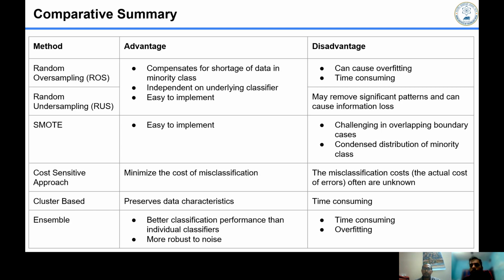Ensemble methods on the other hand have shown better performance compared to individual classifiers because of their underlying characteristics. They are robust to noise. However, given you need to repeat this process multiple times, these are time consuming, and if these models are not built carefully, they might also lead to overfitting problems.